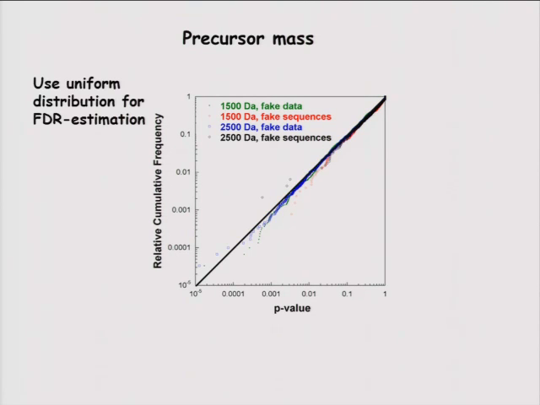It's all following a uniform distribution. And that allows us to use that uniform distribution for the FDR estimation.